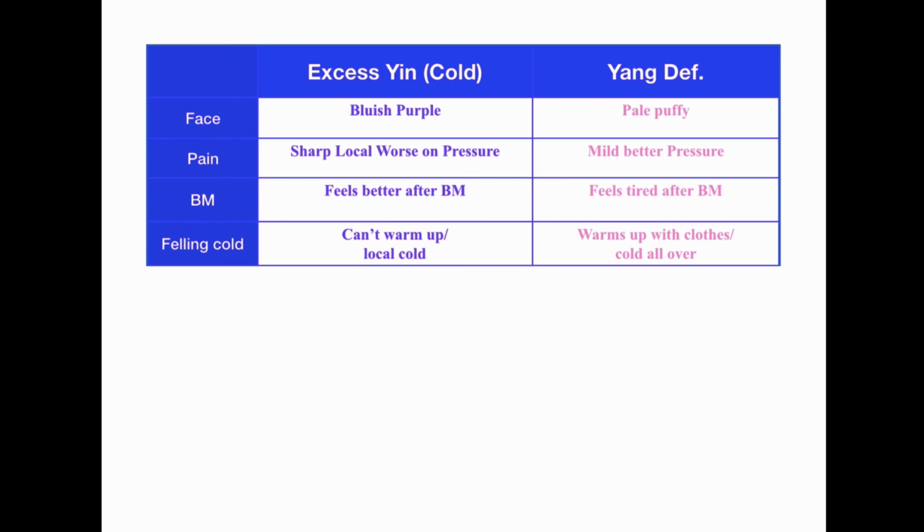So not like frostbite or sciatica, which are local. It's all over the body, right? Feeling cold. But if you put them in a sauna or you give them warm clothes and cover them up, they warm up. So it's easy for them to warm up. They just need to be cuddled up, right? While someone with excess yin, very difficult to warm up, and it's a local cold area.